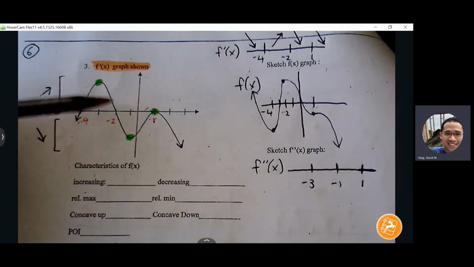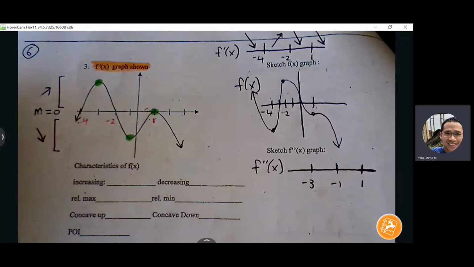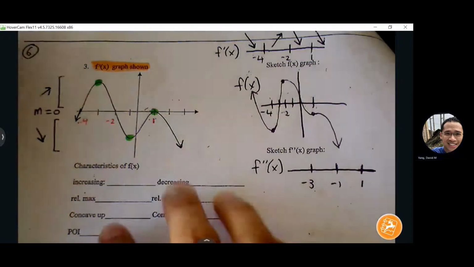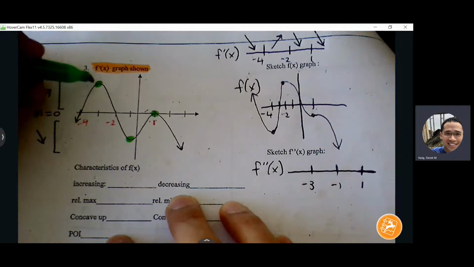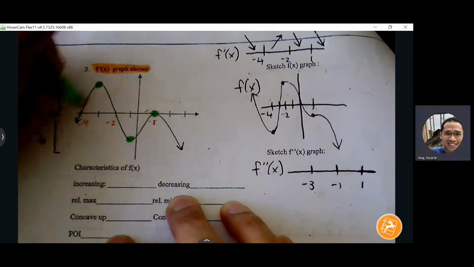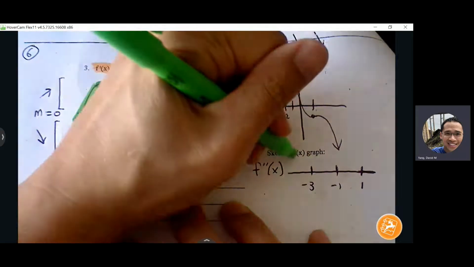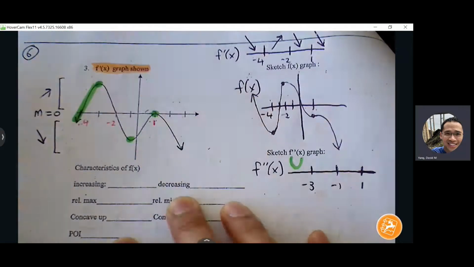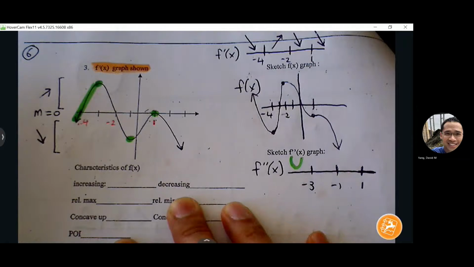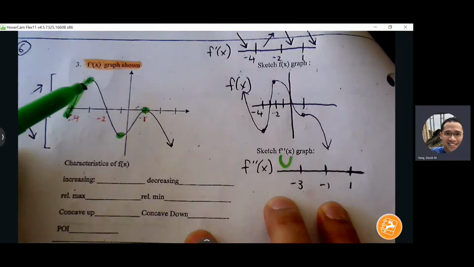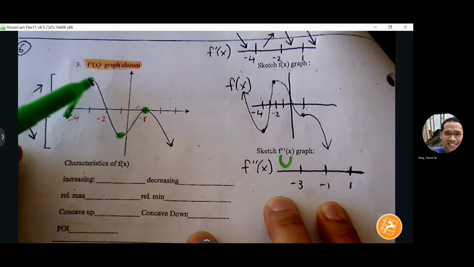Now, we don't want to look at the curvature here because this is not the original graph. So I don't want to say this is concave down, concave up, concave down. I'm looking at the slope. Wherever there's a positive slope, that's where I'm going to be experiencing concave up. So here, positive slope, therefore concave up. What's happening between -3 and -1?